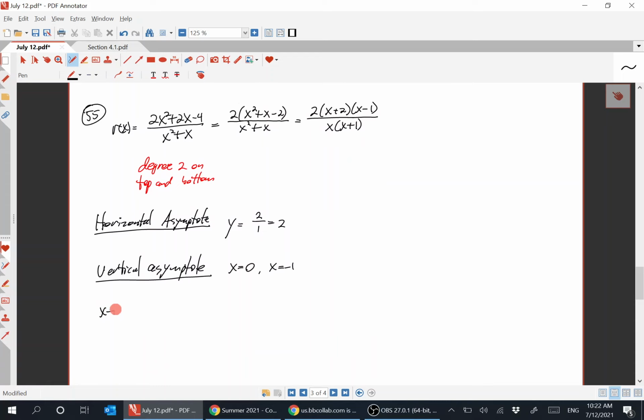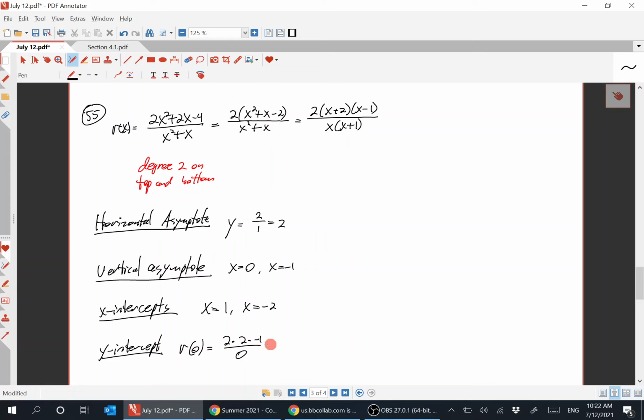Where the top is 0, that's where your x-intercepts occur. So that's at x equal to 1 and x equal to negative 2. And the y-intercept, that's at r of 0. So that's 2 times negative 1 over, oh, right.